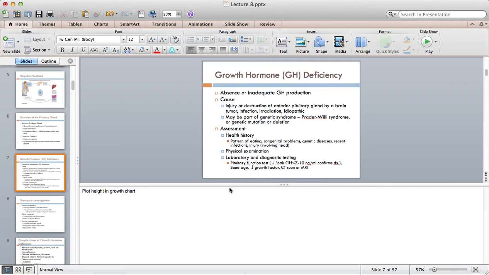Every other thing you are seeing in physical assessment and on history is just like a clue that says to you, okay, maybe this is something that I should be expecting. However, when you confirm the diagnosis, you use the low level of growth hormone to confirm the diagnosis.